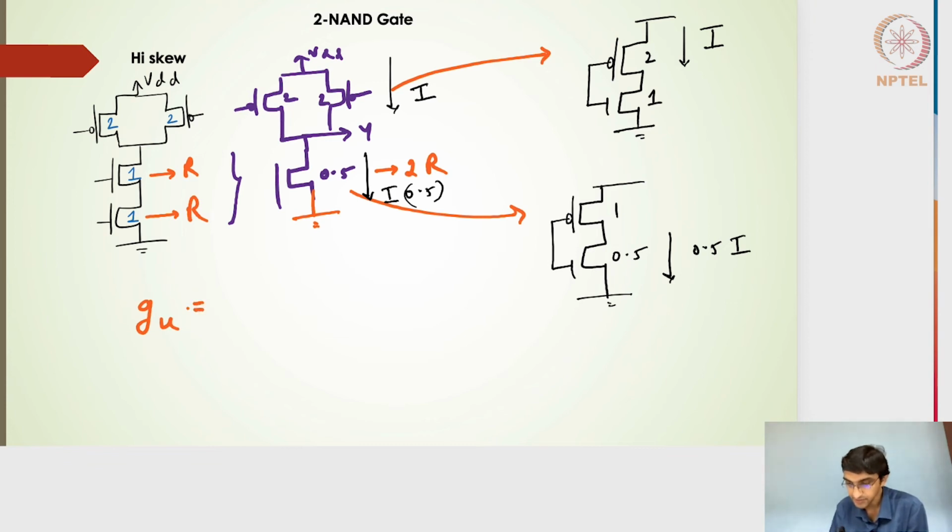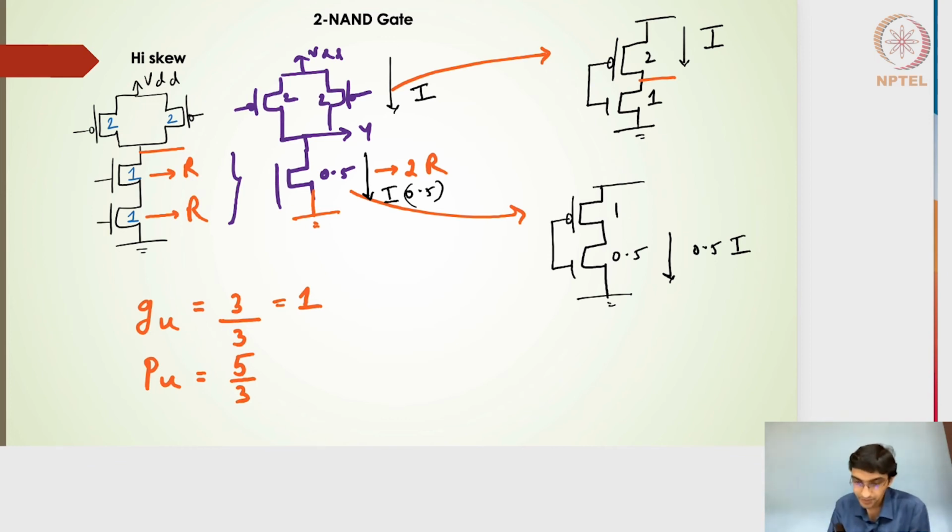Right, so the logical effort for going up will be nothing but 2 + 1, the input capacitance of this particular high skewed gate, which is 3, divided by the benchmark inverter's input capacitance, which is 3. Parasitic for going up, right, will be nothing but whatever is the capacitance seen at the output node. So here the capacitance is 1 + 2 + 2, that will be 5, and then divided by the inverter's parasitic 3, will be nothing but 5/3.